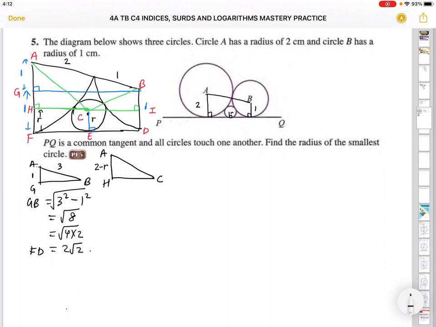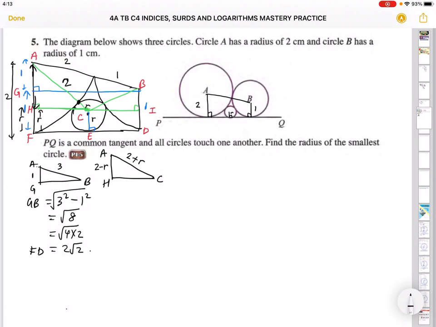I say this again. This whole thing is 2. This is just r. So AH, which measures from here to here, is just 2 minus r. At the same time, you know that A to C, this is 2, this is r, so A to C will be 2 plus r.